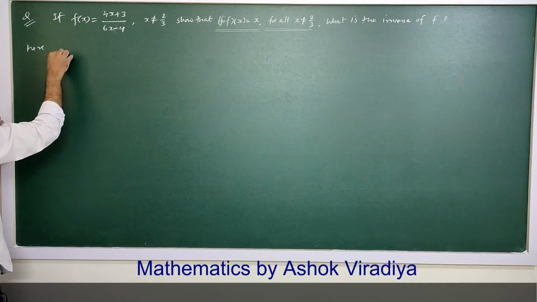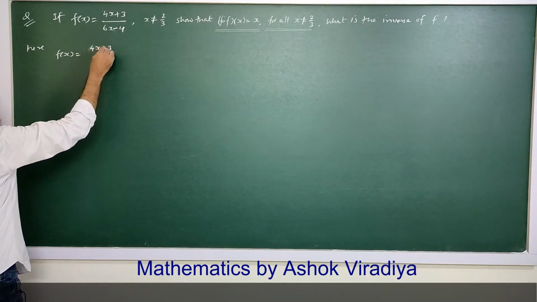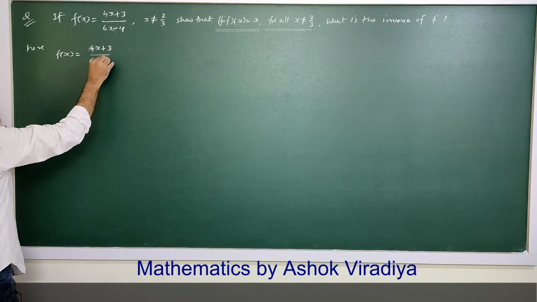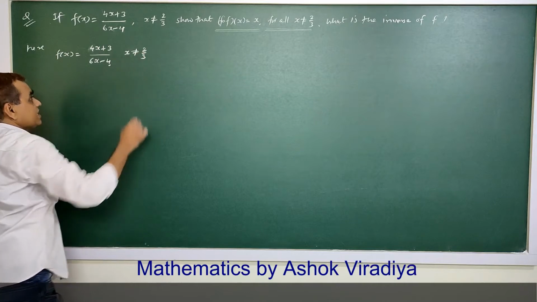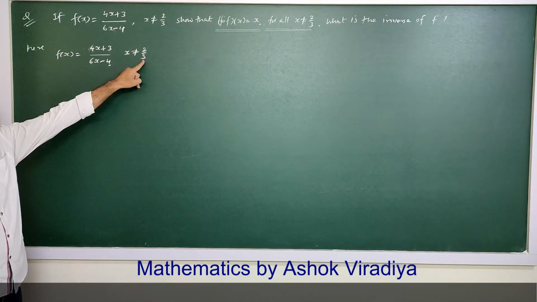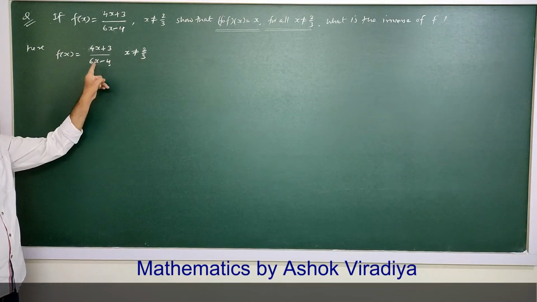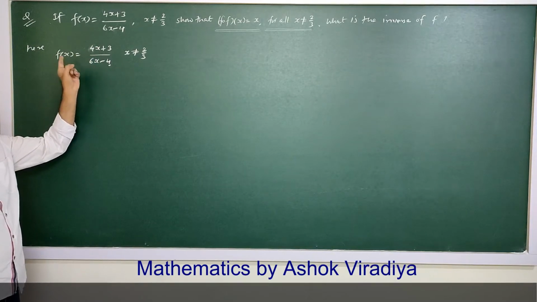Here f(x) is (4x + 3)/(6x − 4), x not equal to 2/3. The domain does not include 2/3, because putting 2/3 here, this becomes 0. So the function is not defined at 2/3.